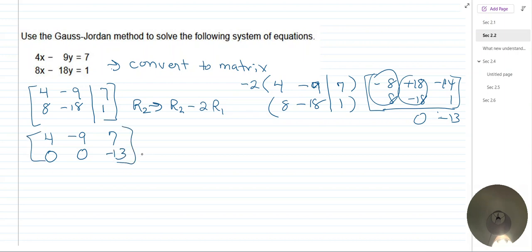Well, we know this is not true. So we can't go any further. So it is inconsistent. No solution.